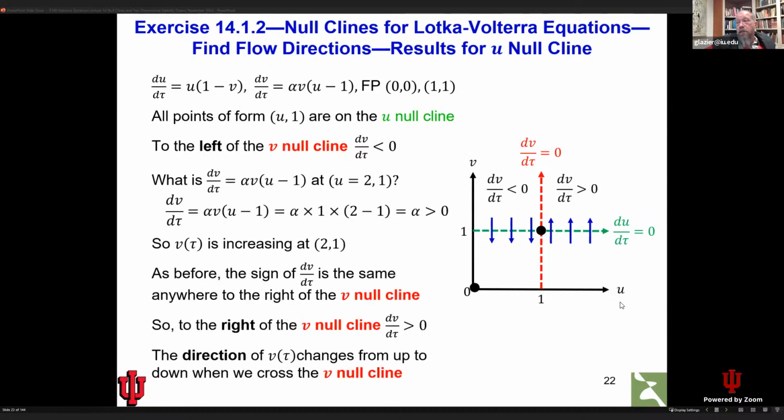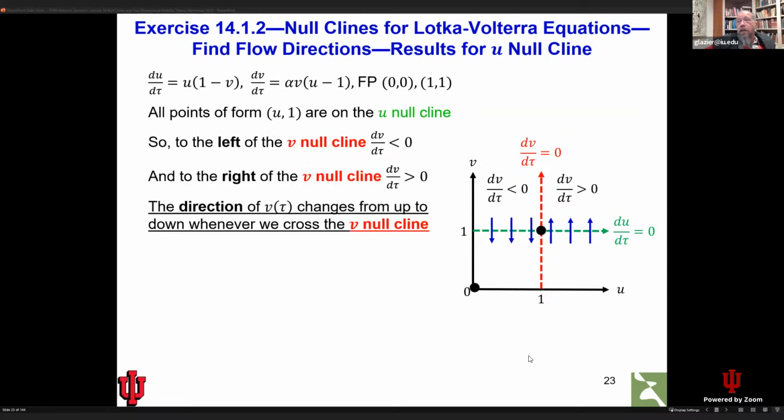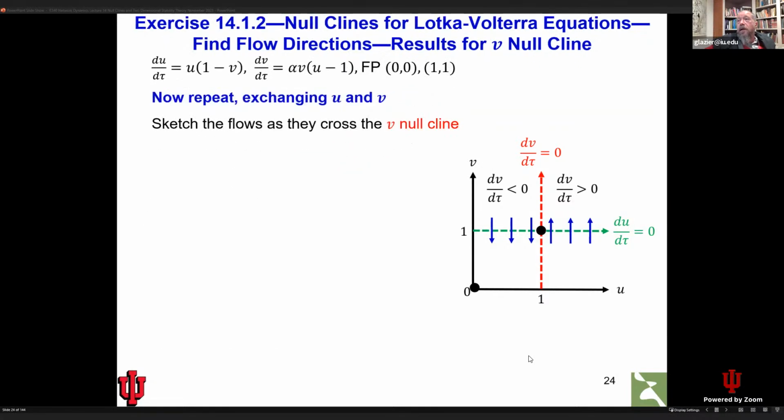And now let's pick a case where we want to do the same thing for the U null-cline. Sorry, for the V null-cline. As I say, it's easy to get U and V backwards.